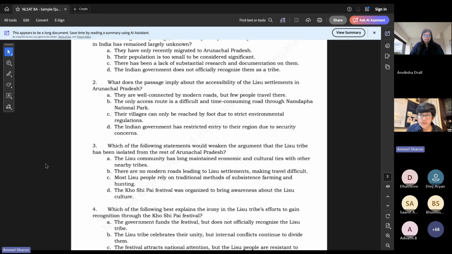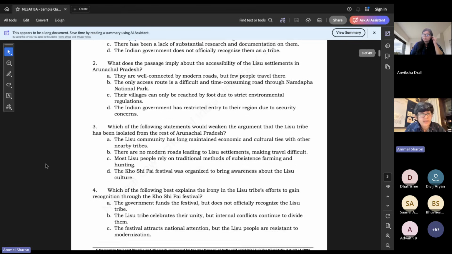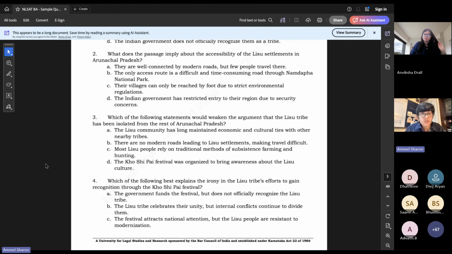That may or may not be true. It's outside the scope of the passage, so we can't consider it. The Indian government has restricted entry to their region due to security concerns. Doesn't occur in the passage. So if we stick with the passage, B will be true. You know that there's an answer key at the end of the sample question paper. Do take a look at that.